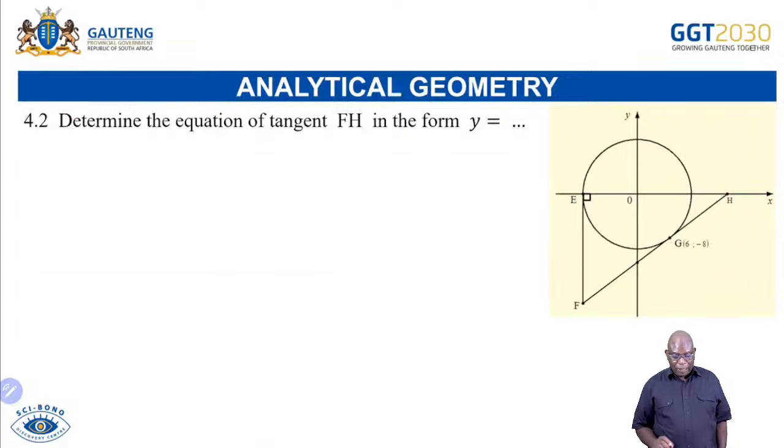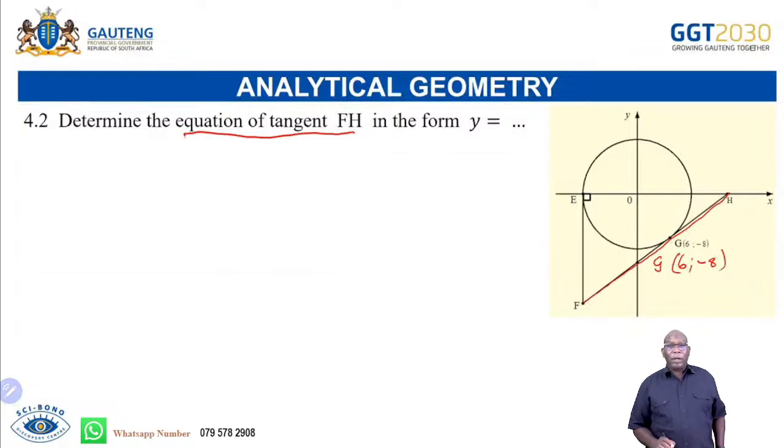4.2, determine the equation of the tangent FH. So FH, I'm told, is a tangent. The point here is 6 and negative 8 for G. The easier method is the one with the formula that I gave you.